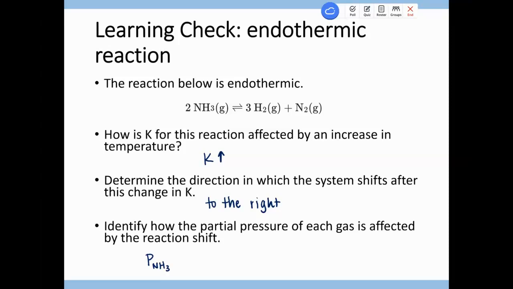Okay, so yes, we have the reaction shifting to the right, which means we'll have less reactant present at equilibrium. So if there's less NH3 present, then the partial pressure will decrease. But we have more hydrogen and nitrogen at equilibrium, so the pressures of those two will increase. Increasing concentration means we'll have an increased partial pressure.